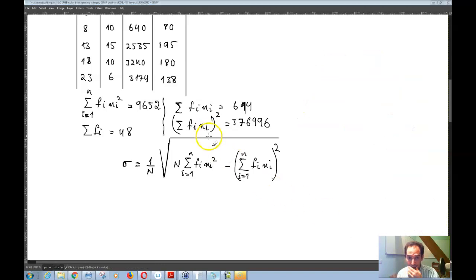Okay, and now this is equal to n as well, of course. Sigma f of i is equal to n as well. So your sigma is equal to 1 divided by 48 times the square root of n times sigma f of i x of i squared, which is basically this thing over here, and you want to multiply it by 48.